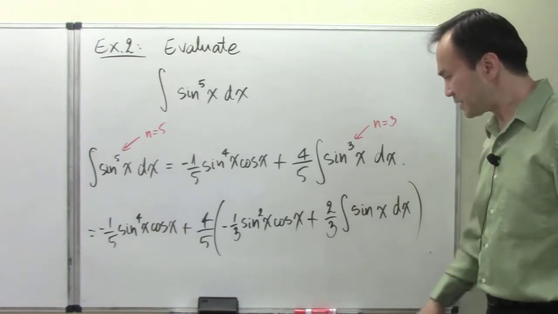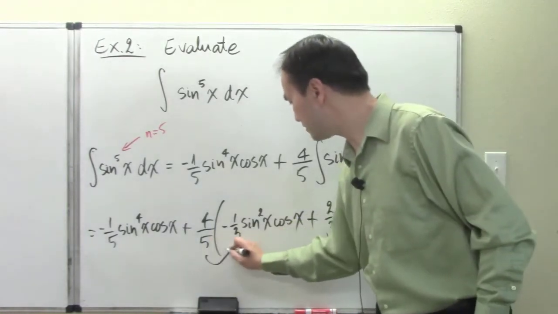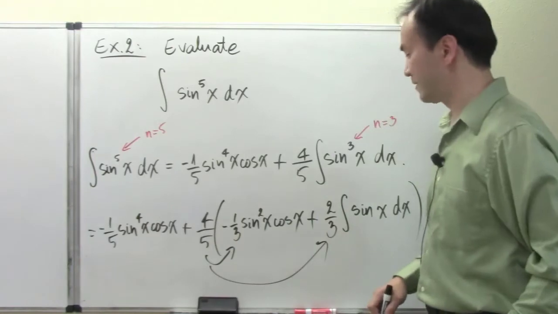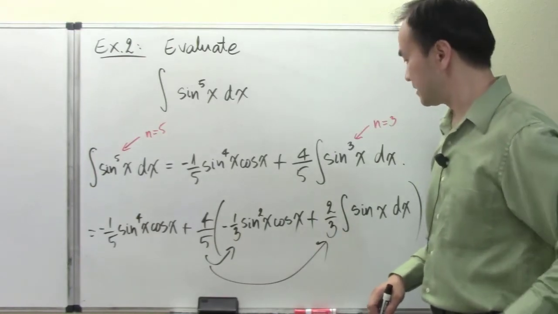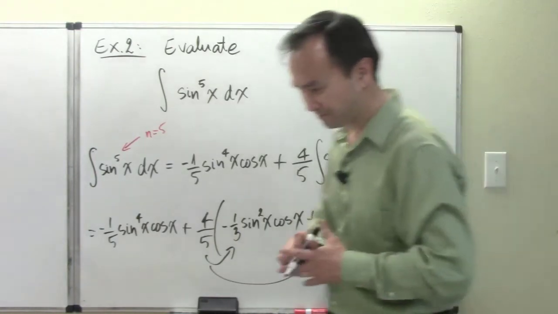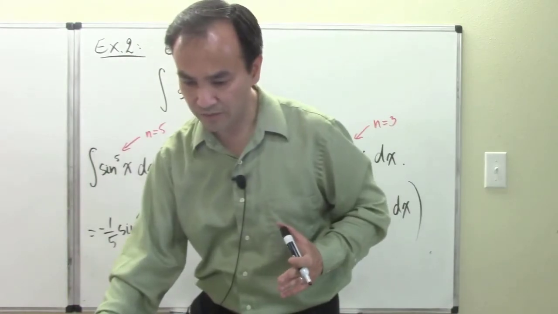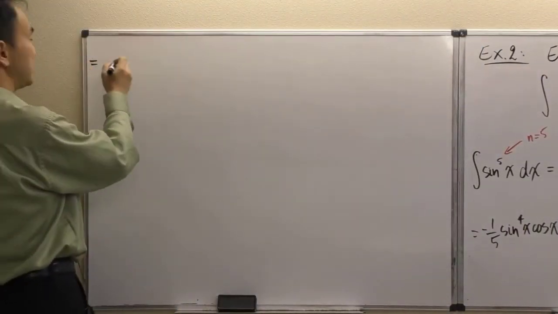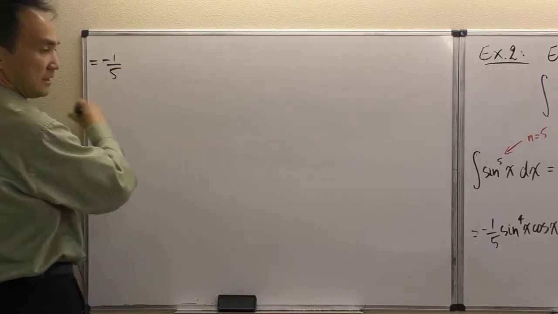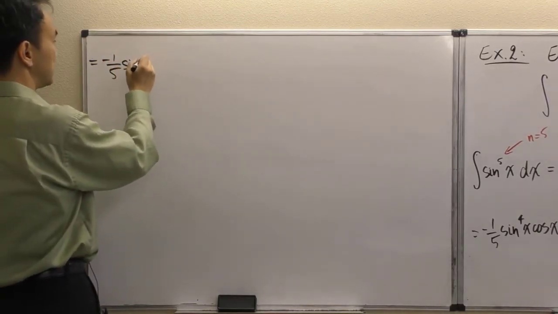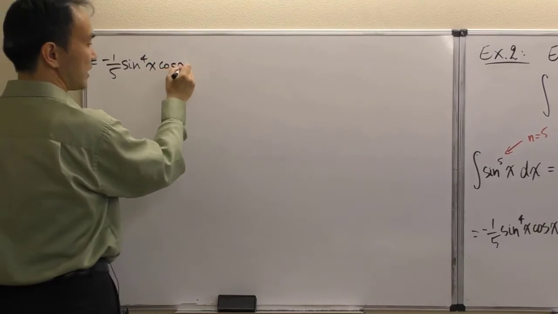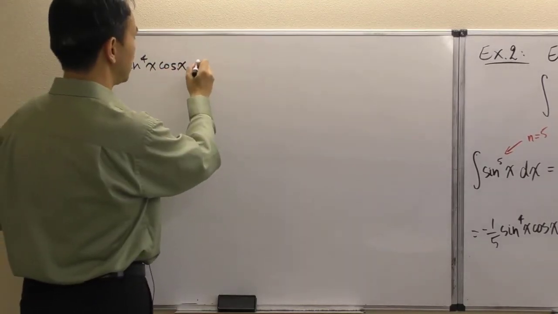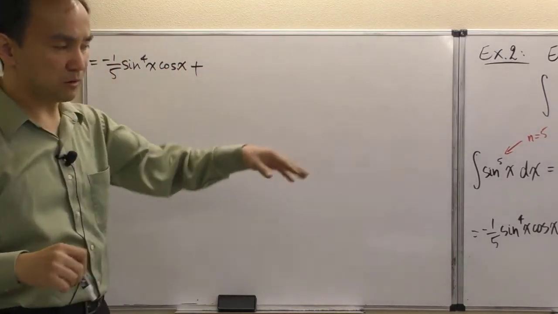Now let's distribute out this 4/5 and create another step. On my other board, the first term is still negative 1/5 sine to the 4th of x cosine of x, plus, now 4/5 is multiplied with the terms in there.